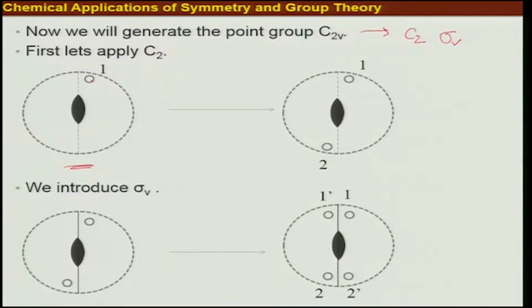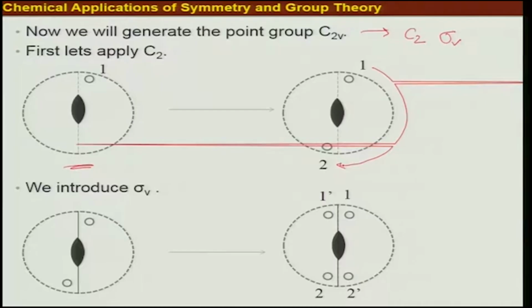If you perform C2 with a clockwise rotation, then this point will come all the way and go right here, and that is what is shown in this figure. Originally it was here, and now I have it here. So, that is what we generate by using a C2.